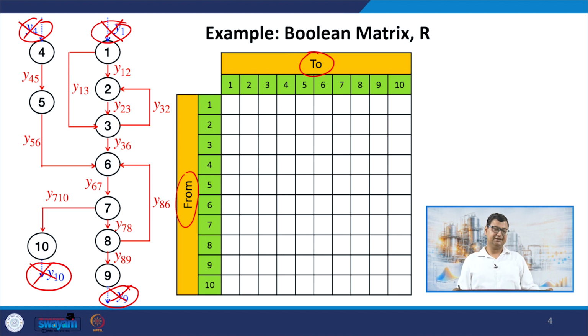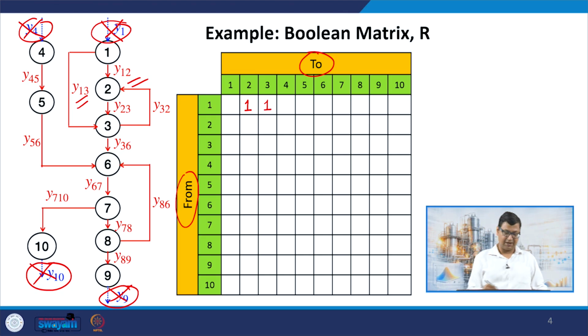So, in this case, starting from vertex 1, we can go to vertex 2, and therefore I put a 1 there because we have y12 going from 1 to 2. Similarly, I can go to 3, and that is all I can go in one step.